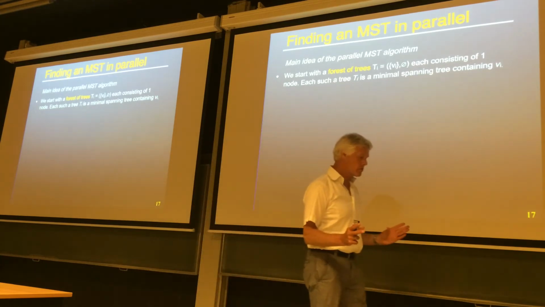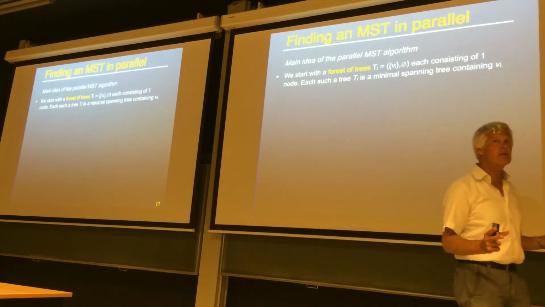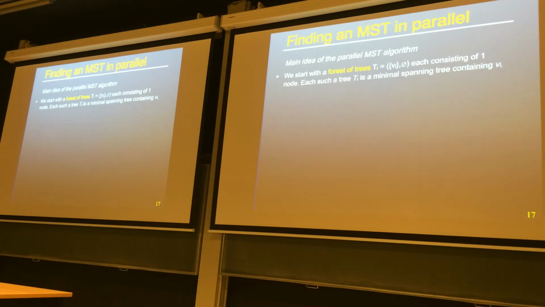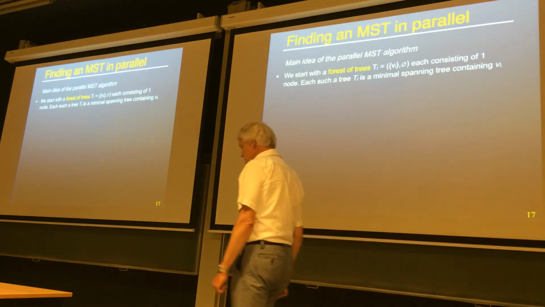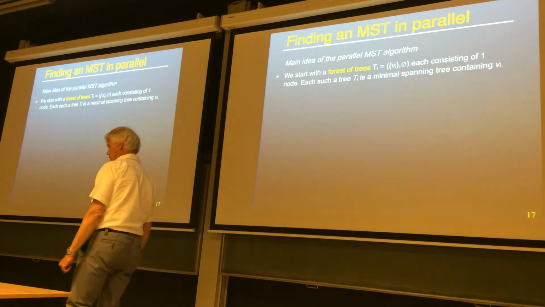What you do is you start with a set of isolated nodes. So you take the finest partitioning of all the nodes. You take blocks where in each block only one node appears. So you have n blocks to start with, and these are, let's say, trees with one node.